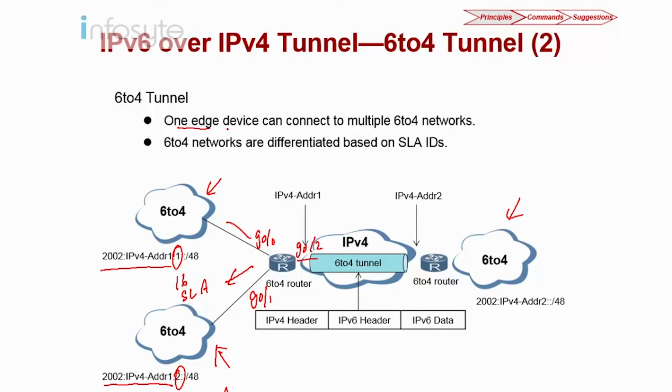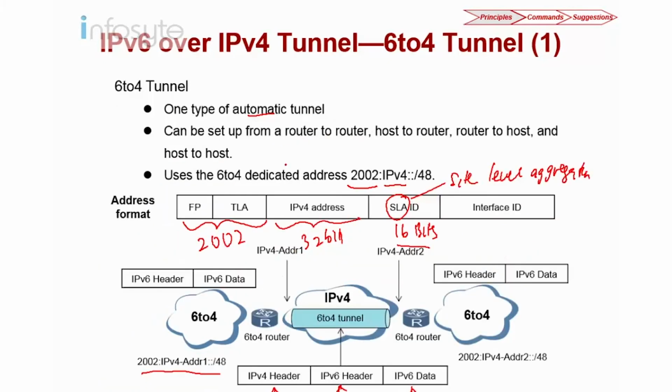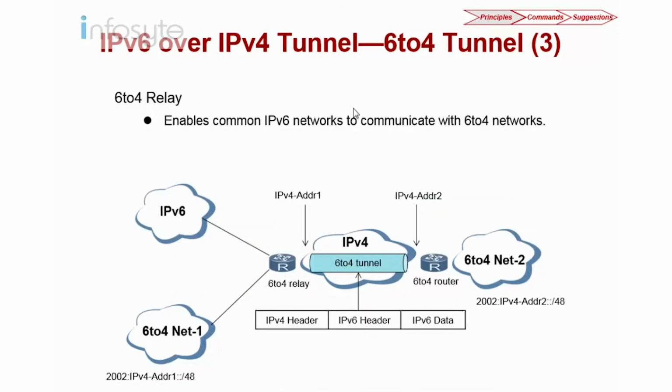So when one edge device can connect to multiple 6to4 networks, so this is the first one and the second one, we need to use this SLA. So 6to4 networks are differentiated by the SLA ID. So now you have the reason why you have the 2002, that's fixed, the IP address, as well as the SLA.